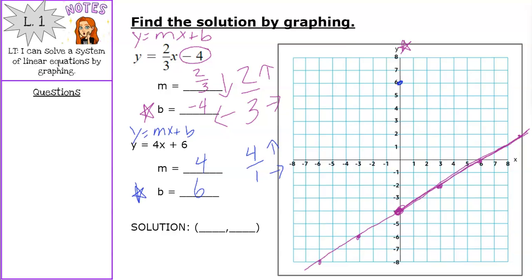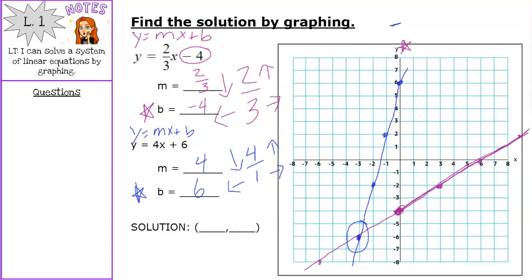If I try to go up 4, I'm going to be off the graph. So instead, we're going to have to flip-flop that. We're going to do down 4, left 1. So I'm going to go down 4, left 1, down 4, left 1, down 4, left 1. And as you can see, I just shared a point with my first line with that purple line. And that is our goal, for the two lines to cross, for the two lines to intersect.